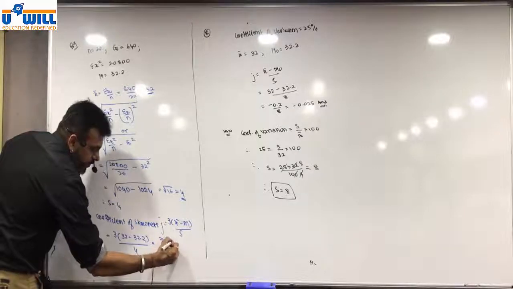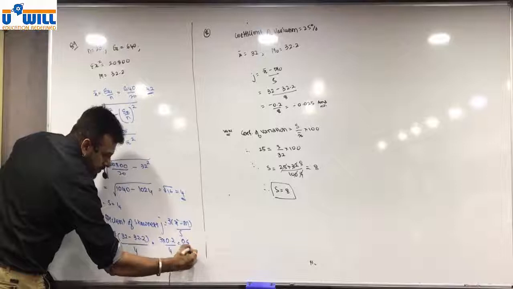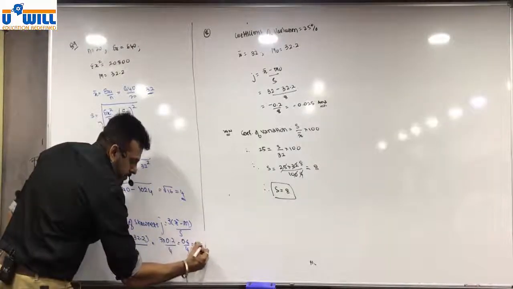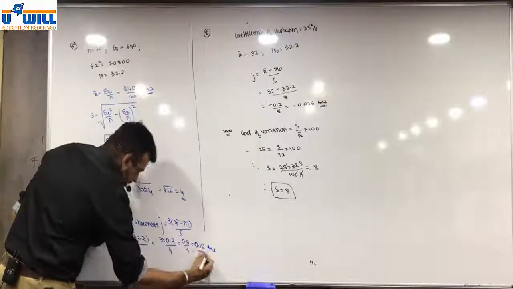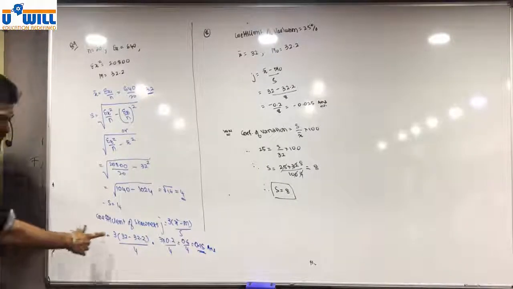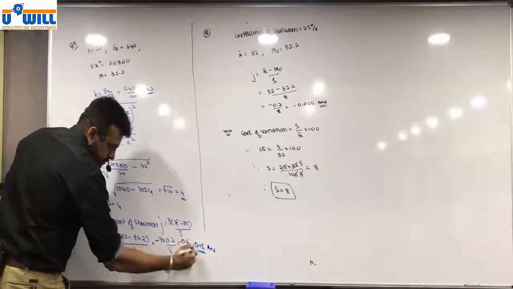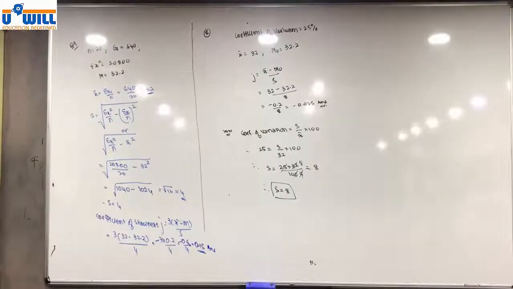So 3 into 0.2 upon 4, which is 0.15. Negative? Minus 0.15.